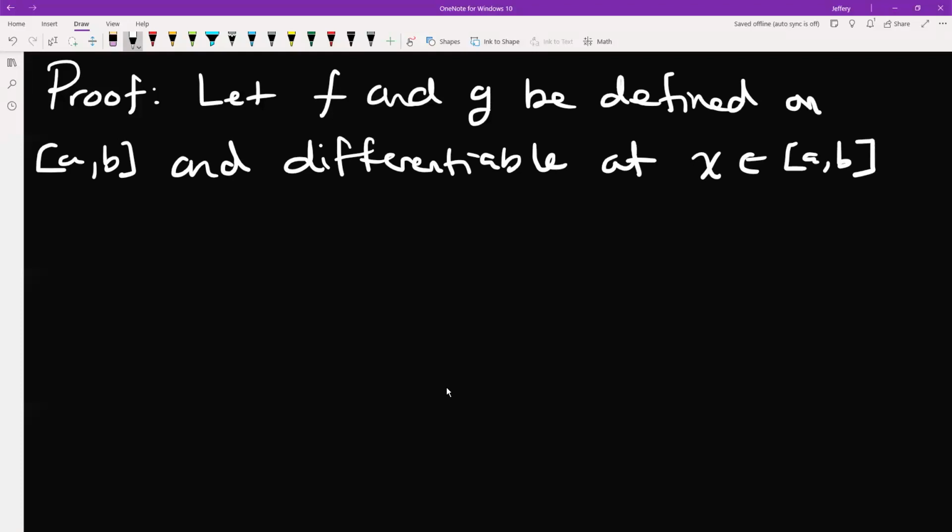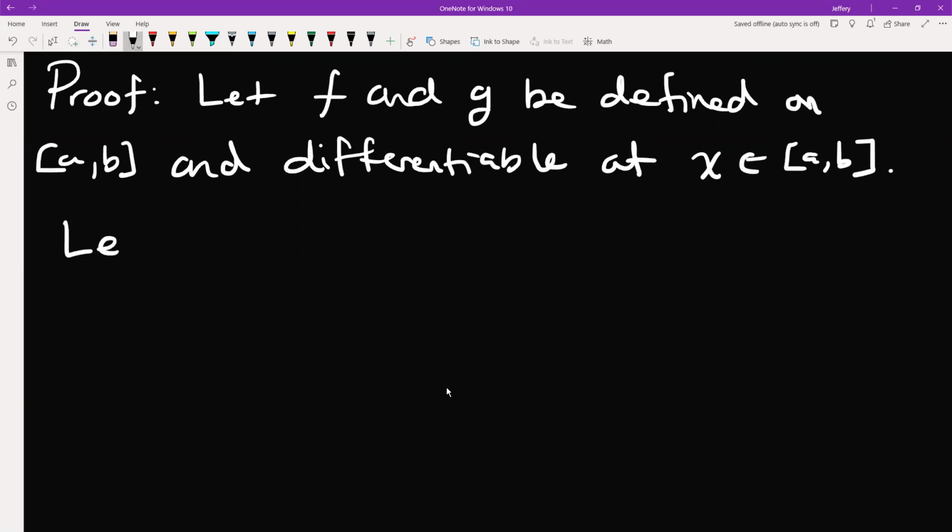So this is the preliminary statement. f and g are defined on some closed interval, and they're differentiable at some point in the interval. Notice that I included the endpoints a and b here. I'm pointing that out because sometimes I won't include the endpoints. Now we introduce a new function.